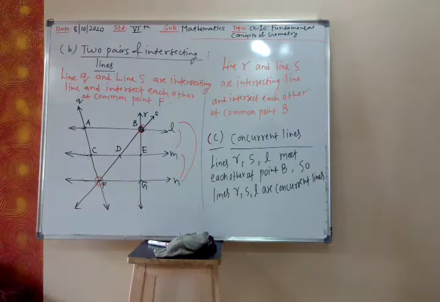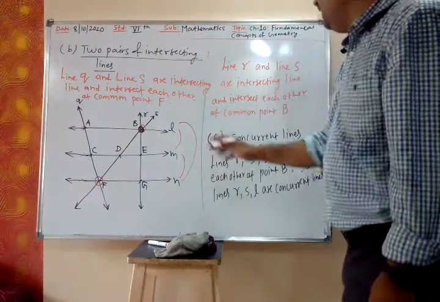It is clear, right? Lines R, S, L, they are concurrent lines.